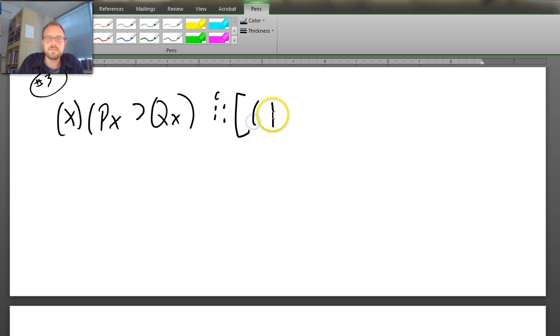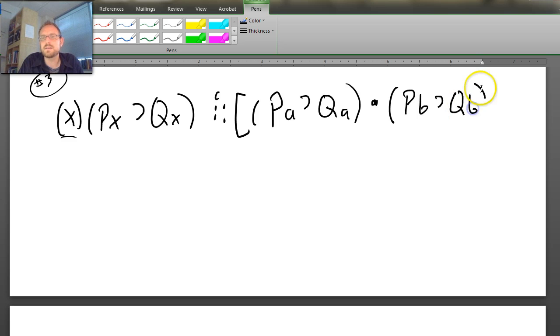You're going to have PA, then QA, and because it's a universal, I'm using the conjunction. And since this is the second universe, it needs to be PB, then QB, right? And I'm running out of room here. Then you would say PC, QC, right? And then I'll close my bracket here.